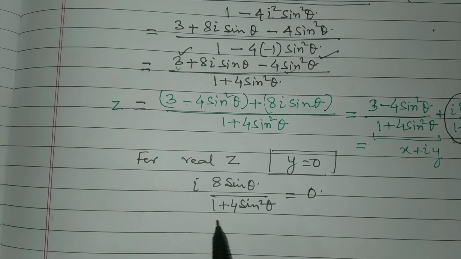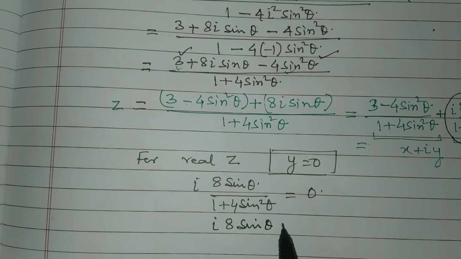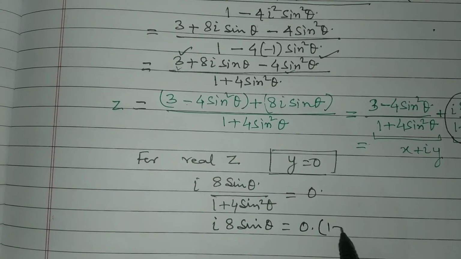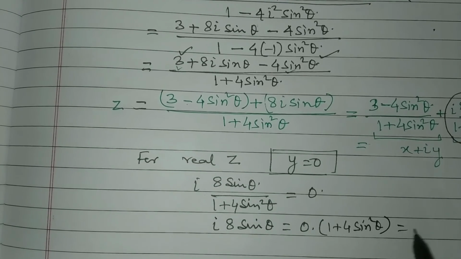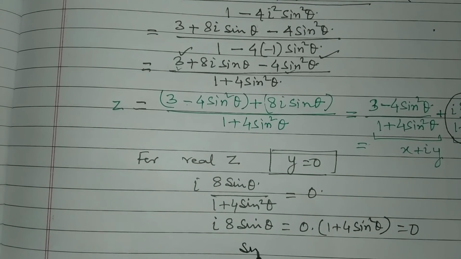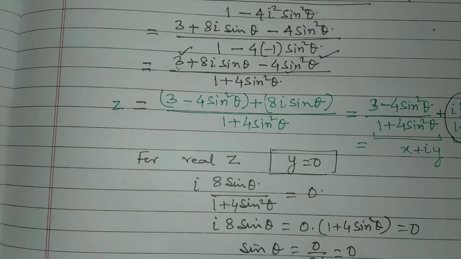Therefore 8 sin theta is 0 into (1 plus 4 sin square theta), so it is equal to 0, and sin theta is equal to 0.